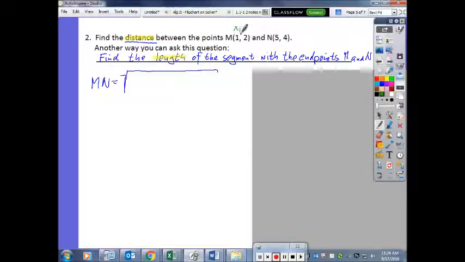First we're going to look at our x coordinates. This is x1 and this is x2.